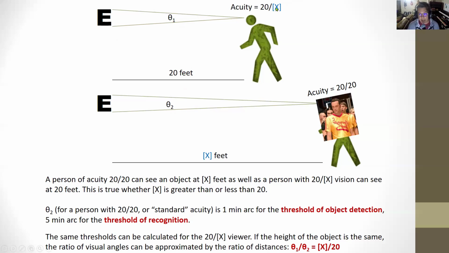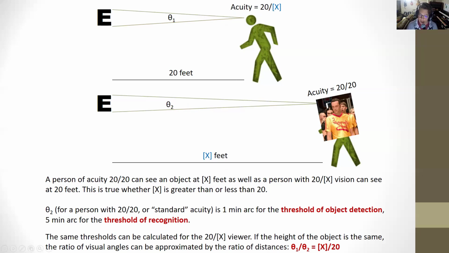We may need a certain angle to be able to see it. I'm not saying if this person can see it or not. I'm just saying how much subtended angle does this object subtend at 20 feet?